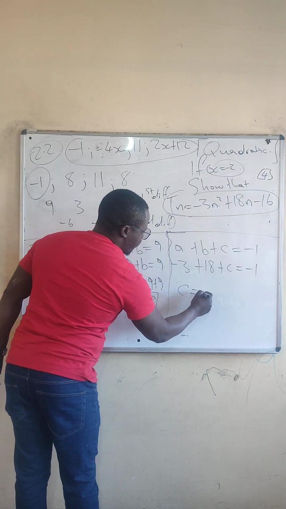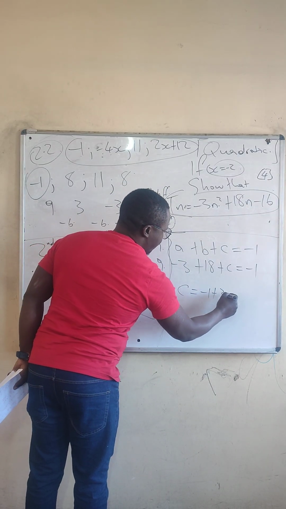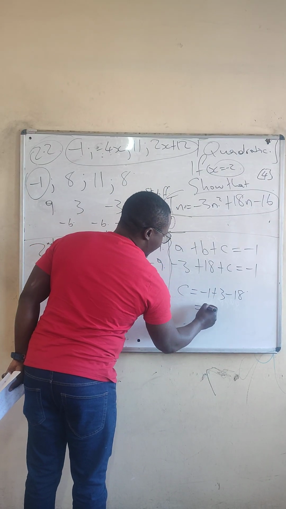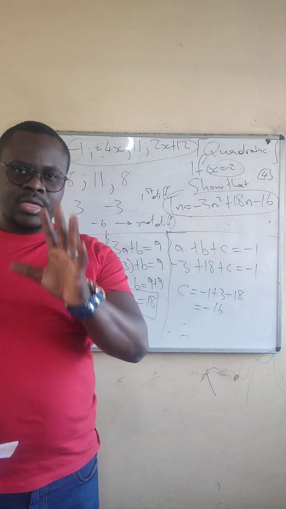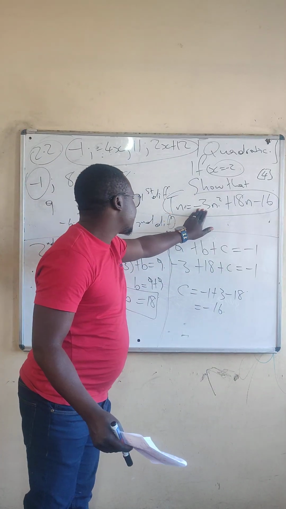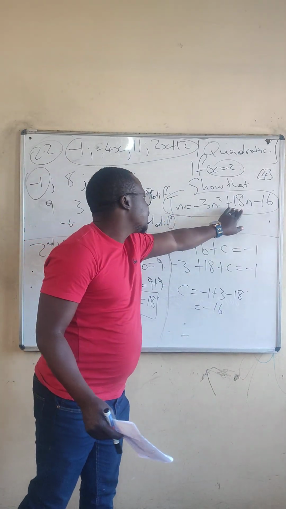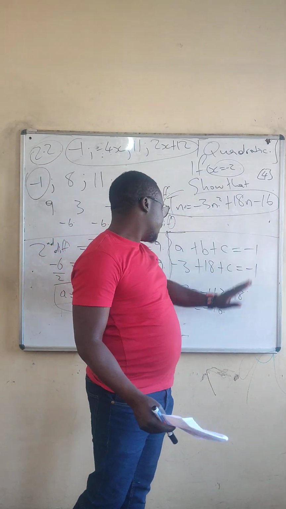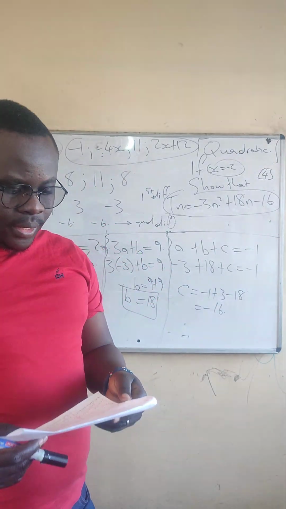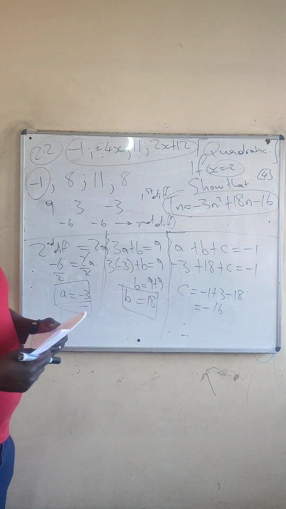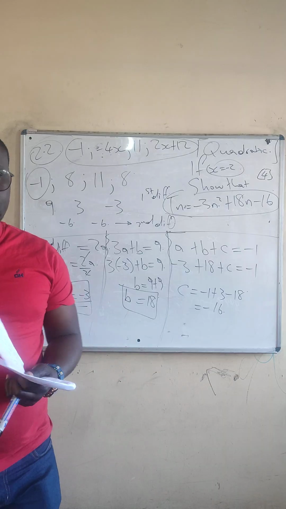To get c, minus 1 plus 3 minus 18 is going to give us negative 16. So that's how we prove that the nth term has a as minus 3, b as 18, and c as minus 16. So this is basically what we're expected to do.